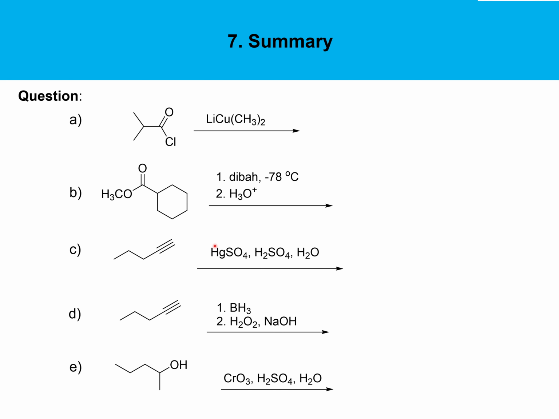In this third reaction, we start with a terminal alkyne, and we're going to add mercury sulfate, sulfuric acid, and water. In the next reaction, we use a terminal alkyne, and we do a hydroboration reaction. And then lastly, starting with an alcohol, we add chromic acid in this reaction.